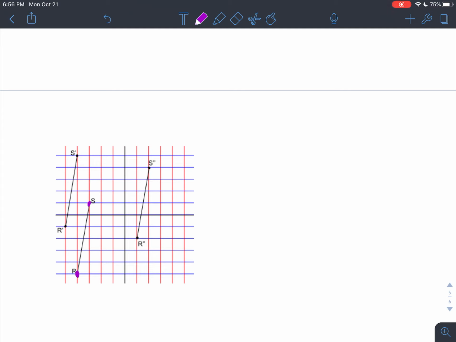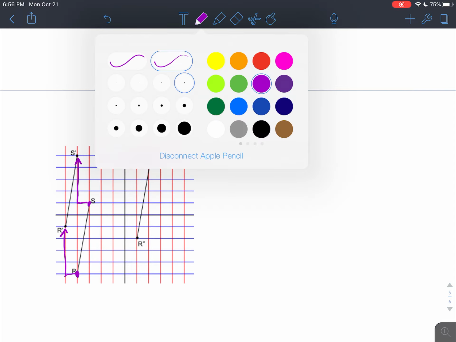So from R, you went left 1, up 4. And then from S, left 1, up 4. Okay, so that got you to R prime, S prime. Then it says the translation XY maps to X plus 6, Y minus 1.